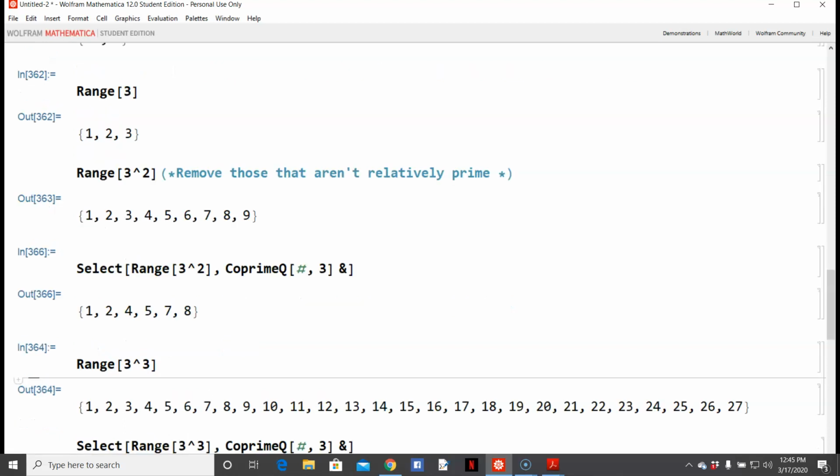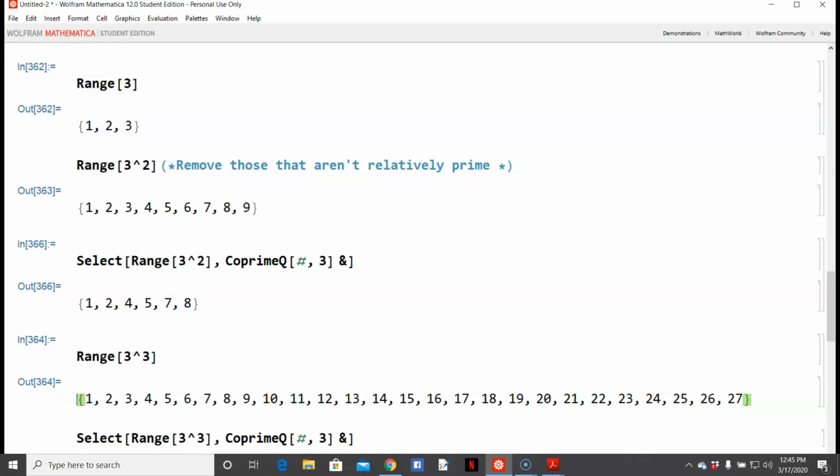All right, let's do the same thing for 3 cubed. Well, to not be relatively prime to 27, it has to have a factor in common with 27, which basically is 3 and 9 and 27. But if it's divisible by any of 3, 9, or 27, it's divisible by 3. So we need to remove all the multiples of 3.